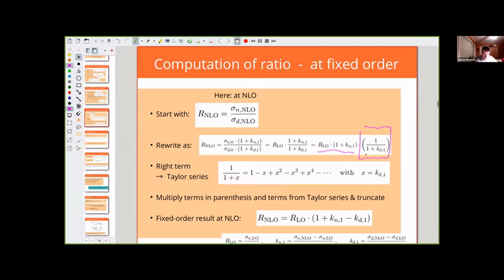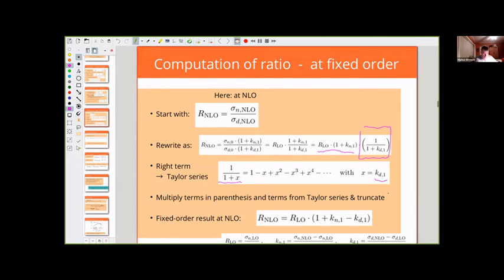The last piece will then be expanded in the Taylor series, where the x is equal to the modified k-factor for the denominator. And after expanding this, we can multiply the terms from the expansion with the terms that we have here in the parenthesis, and then we truncate the result by excluding all the contributions above next to leading order.